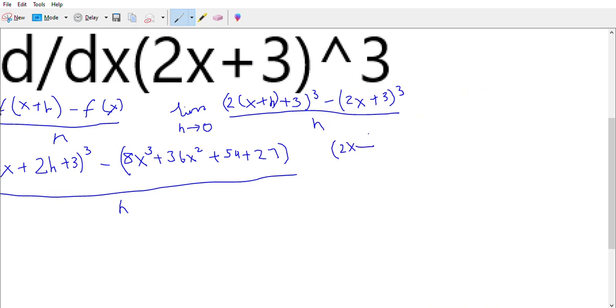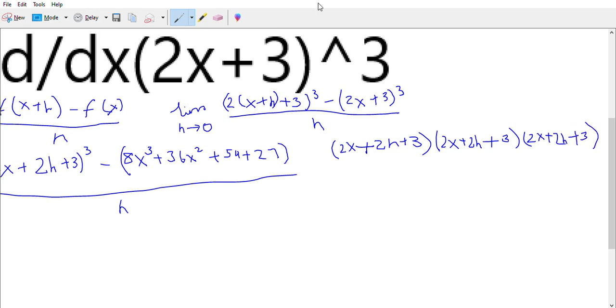So 2x plus 2h plus 3 times 2x plus 2h plus 3 times 2x plus 2h plus 3. So this is basically the equivalent of 2x plus 2h plus 3 cubed. You're just distributing it out like this.